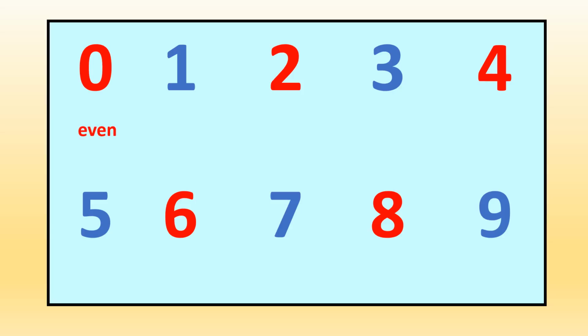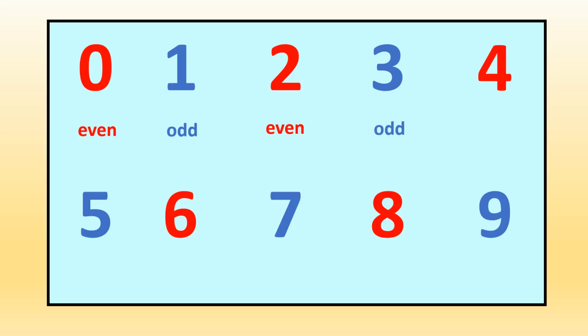The next number, that is 1, is an odd number. If 1 is an odd number, the next number, that is 2, will be an even number. And if 2 is an even number, that means 3 is an odd number.